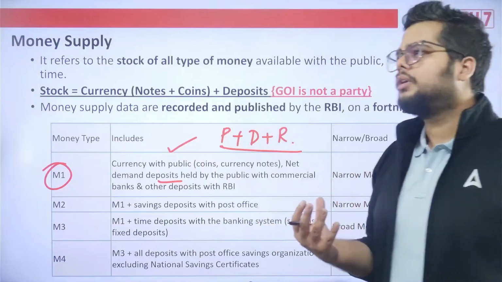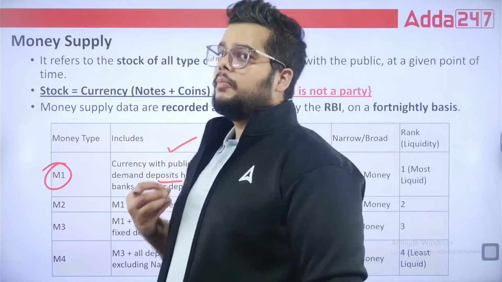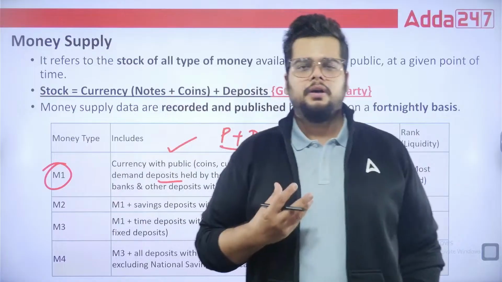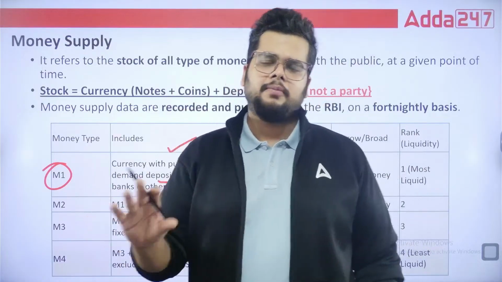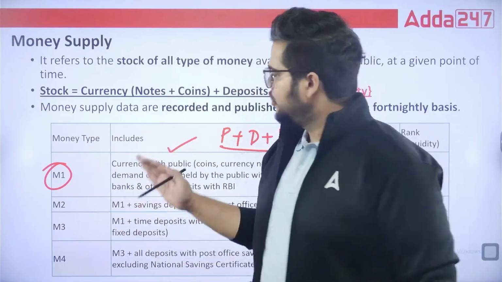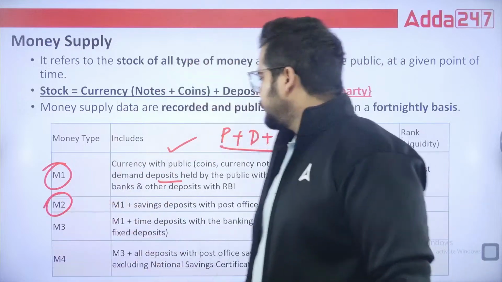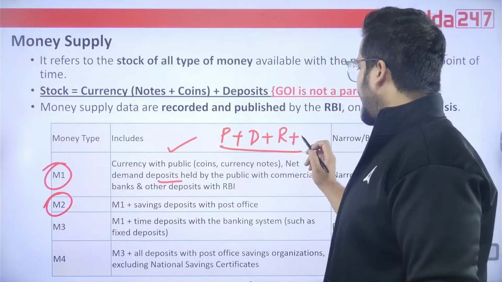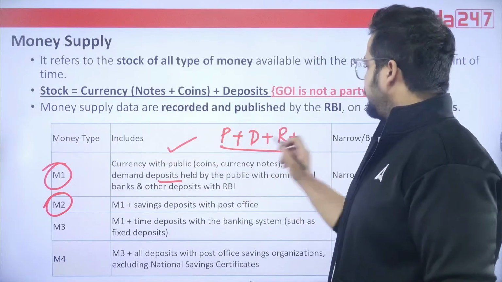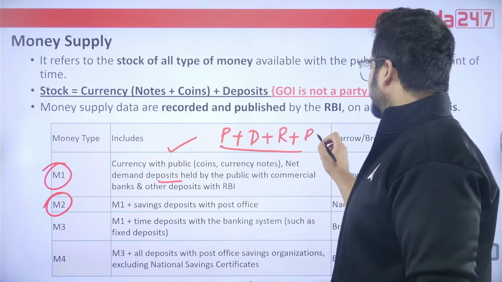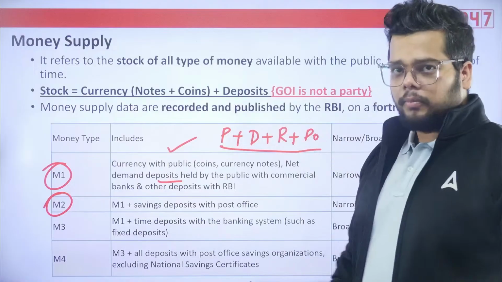Try to learn via mnemonics. Try to retain any kind of formulas using mnemonics. So PDR is M1. When I talk about M2, to PDR I will be adding the component of savings for post office.